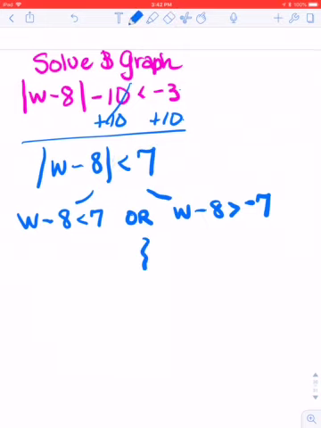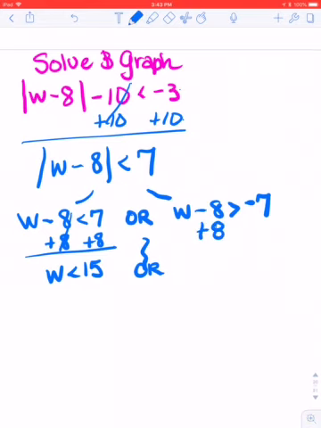Okay, now I just have to solve for w. So with this minus 8 there, I'm going to do the opposite. So I'm going to add 8. So w is less than 15. Bring my or down. Now I'm going to add 8 on both sides here too. So w is greater than 1.